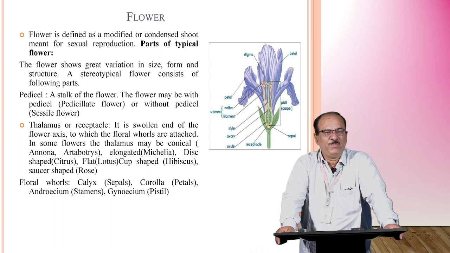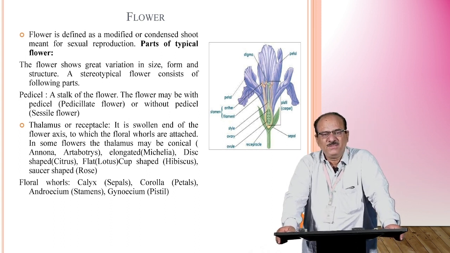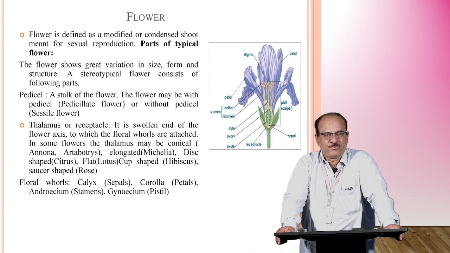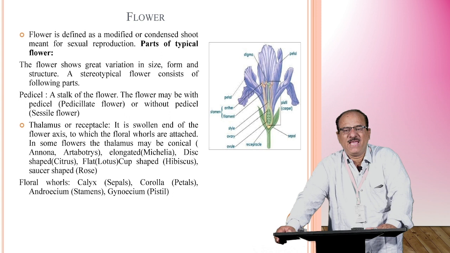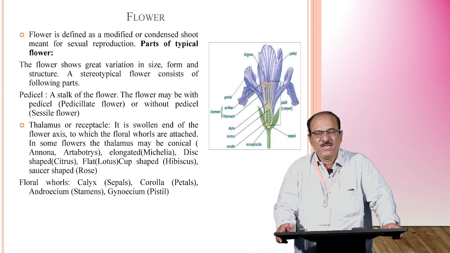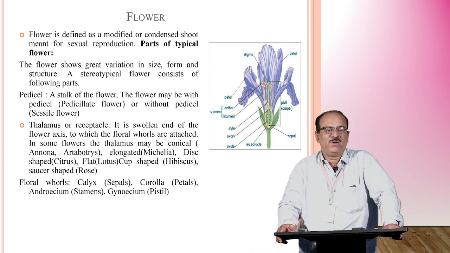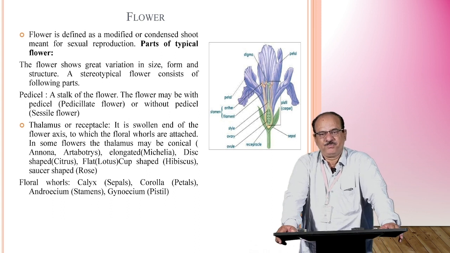First, we have the pedicel, which is the stalk of the flower, and the stalk connects the flower with the stem on which it is present. When we have the pedicel or the stalk, the flower is the pedicellate flower, and when the pedicel is absent, as in case of certain flowers, the flower is called the sessile flower.